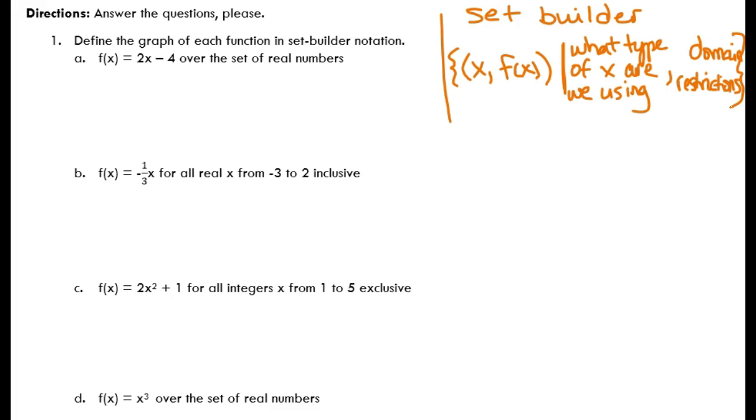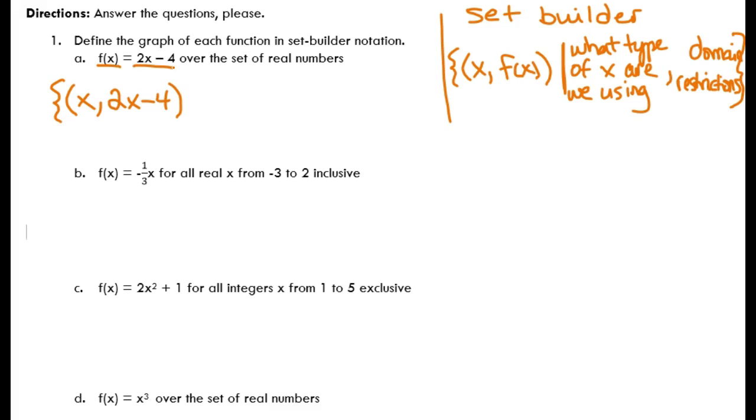Alright, so here's this normal equation. F of x, or remember, y, equals 2x minus 4 over the set of real numbers. So we'll start with our curly French brackets. We say parenthesis, x, we're plugging in, into 2x minus 4. Where we said f of x, we actually write what f of x is. Notice f of x equals 2x minus 4.